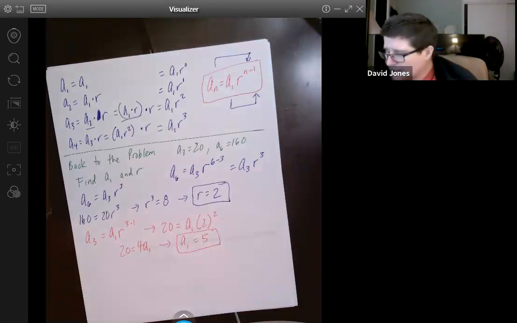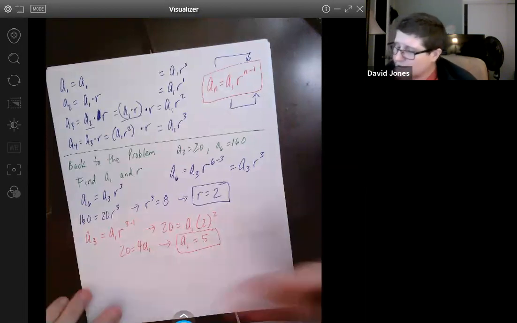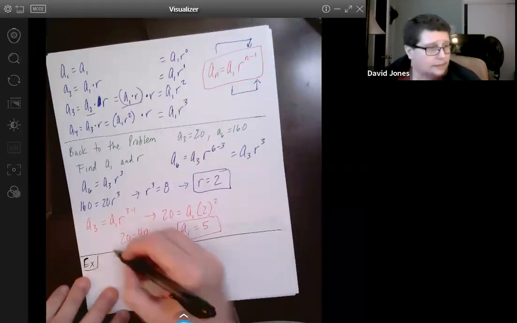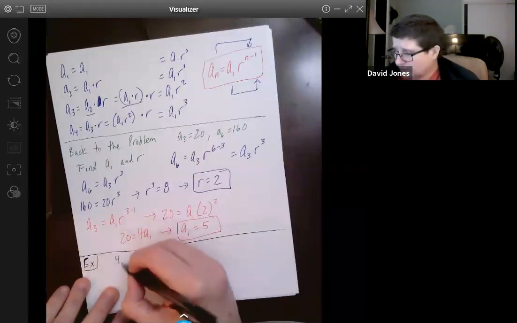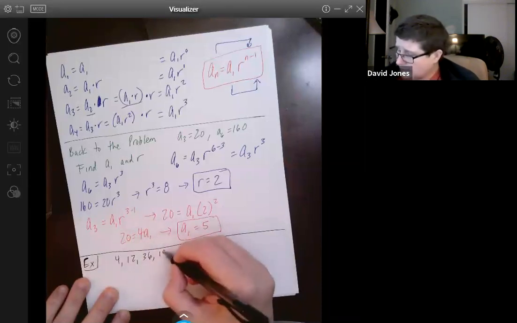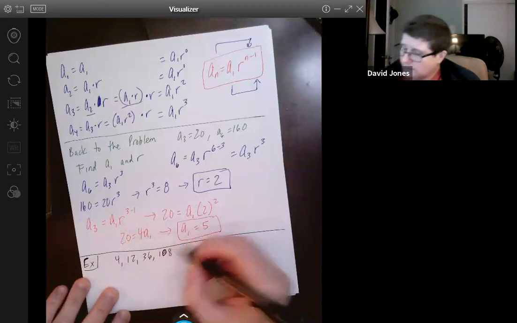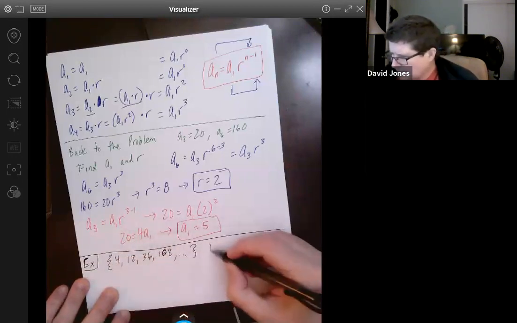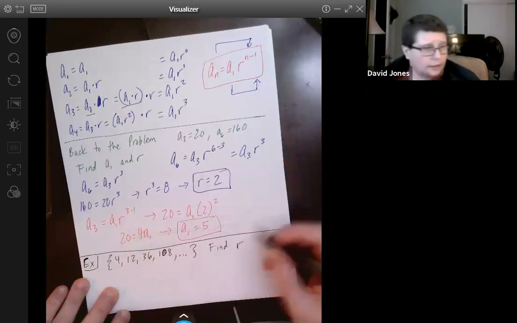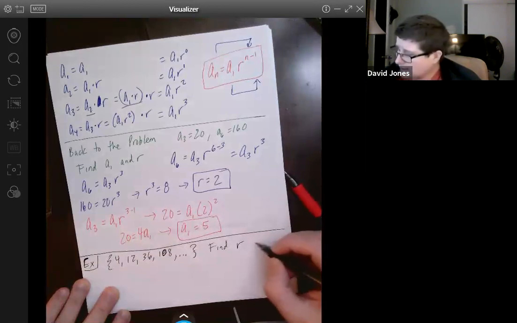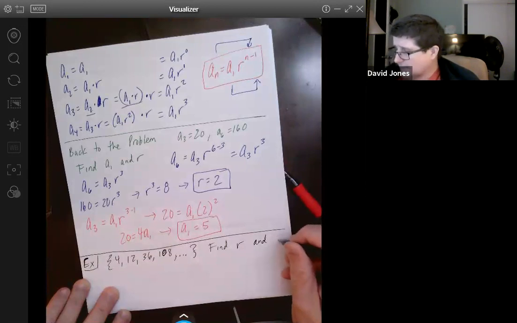That's a challenging example. They might have given you a sequence to start off with. Let's say the sequence was 4, 12, 36, 108. Find r and a sub 6.